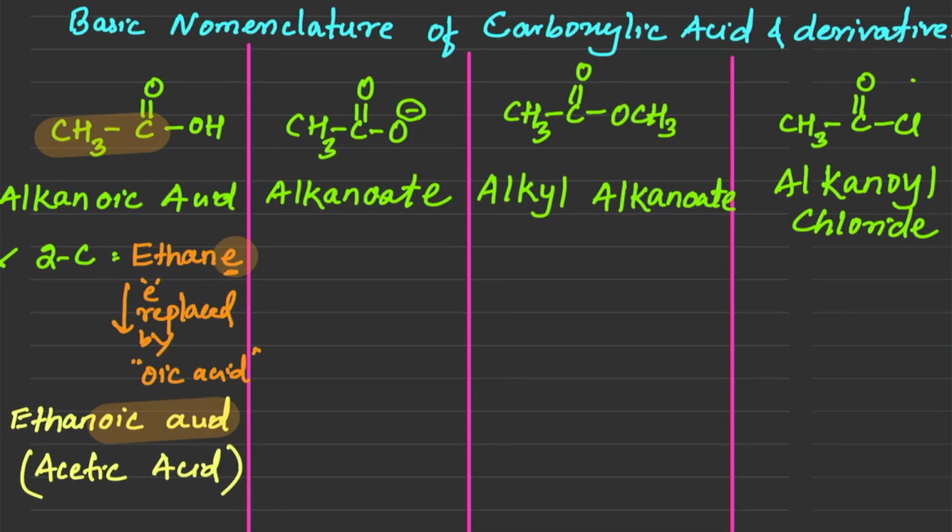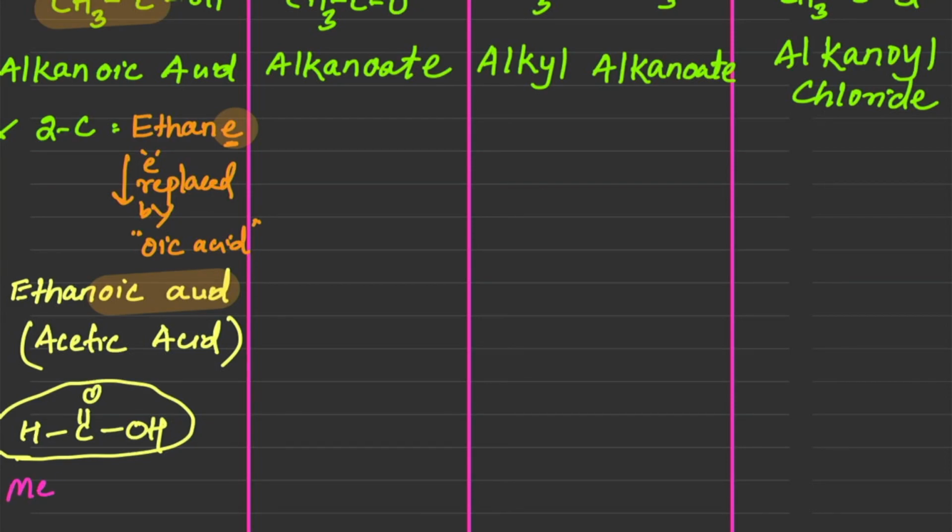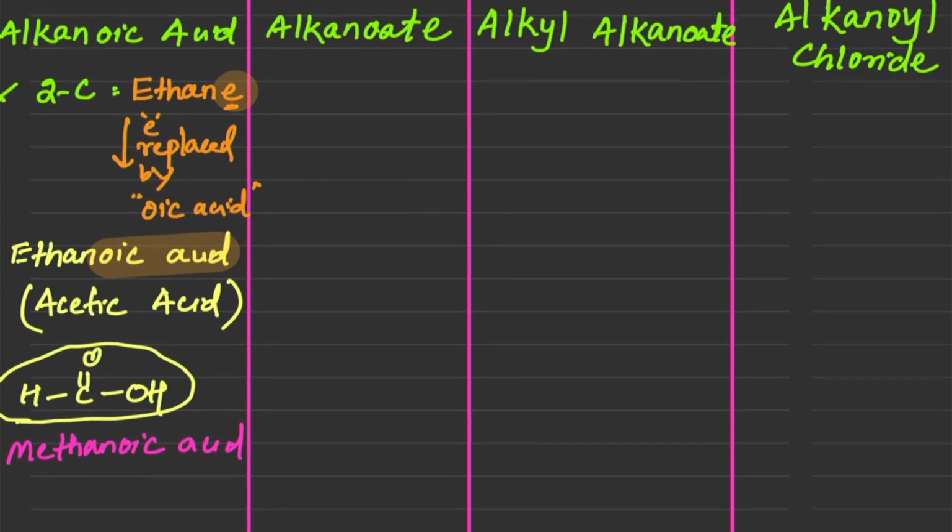And then if we have 1 carbon atom, let's say something like HCOOH, it has 1 carbon atom, right? So the name of this would be methanoic acid, which is 2 words, by the way, or the common name is formic acid.